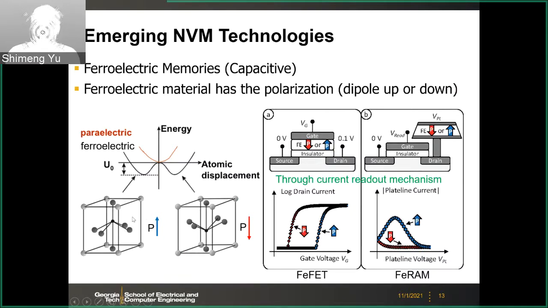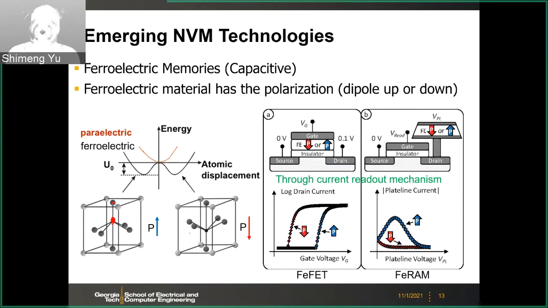And in the crystal structure, depending on the atom's location, you may have a built-in dipole within the crystal structure. For example, here you look at this crystal structure, and those atoms are ionized, right? So those atoms will be bound between the atoms. So the atoms carry the charges.